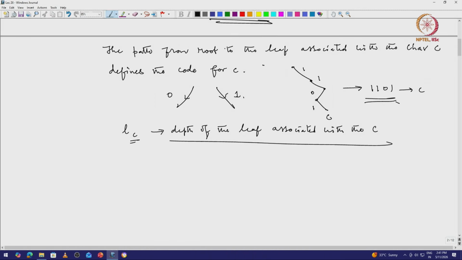That defines the length. It is the depth of the associated leaf.